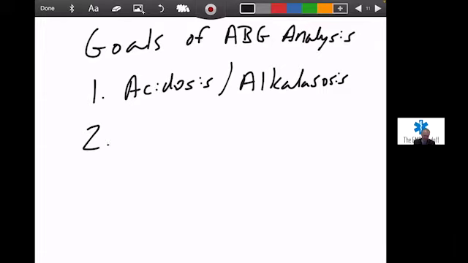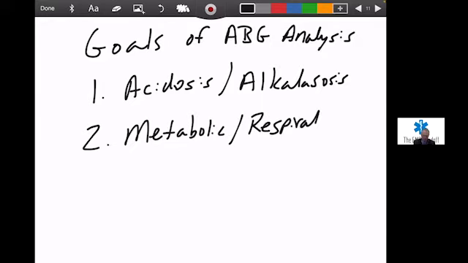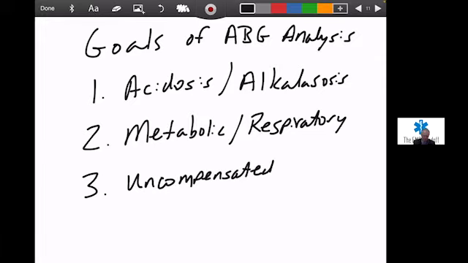The second thing we've got to do is determine whether the problem is metabolic or respiratory. And the third thing we've got to look at, a little bit more complicated: are we dealing with something acute, where the body hasn't had time to do anything with it, so it is uncompensated, also known as acute?